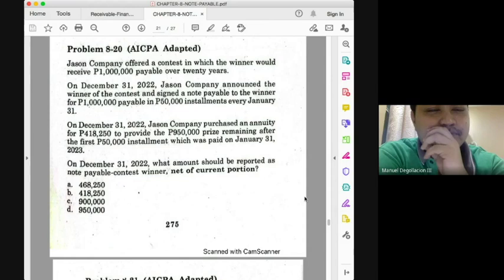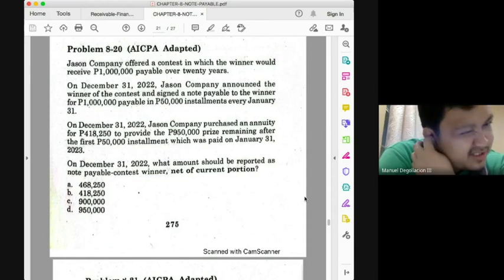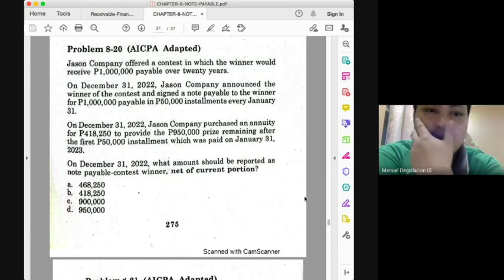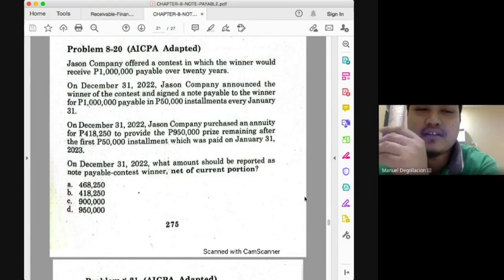Okay, so you have a liability for 1 million, and then out of the 1 million, the 50,000 will be payable the next month.